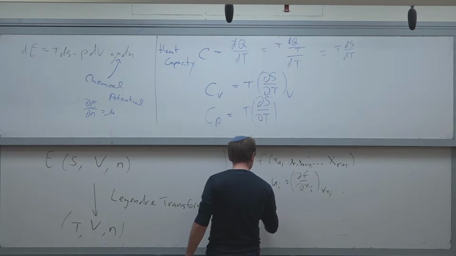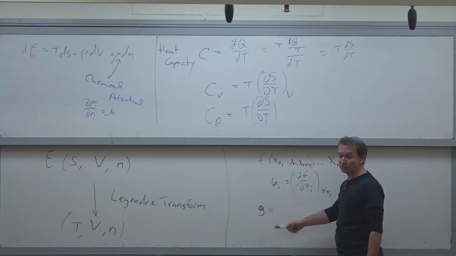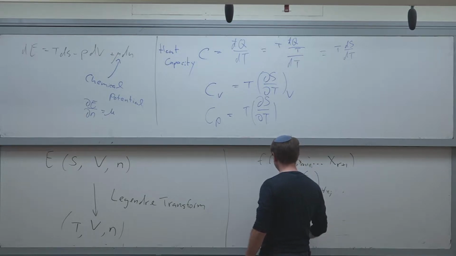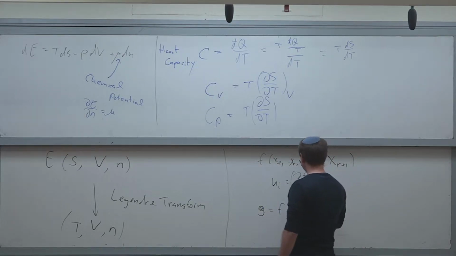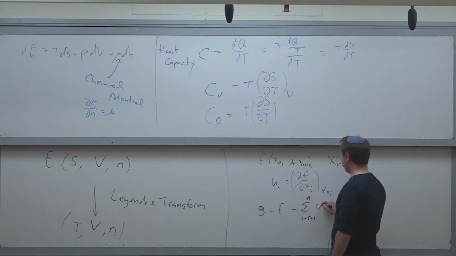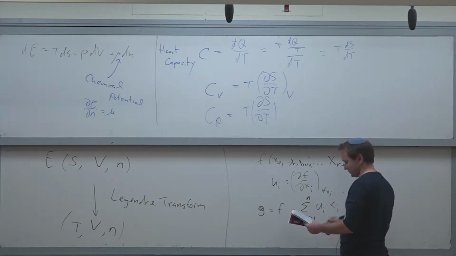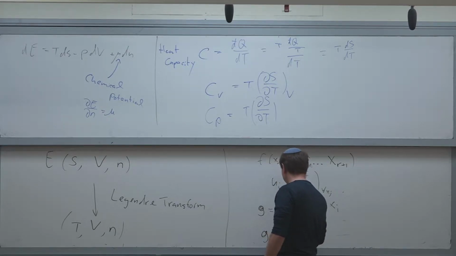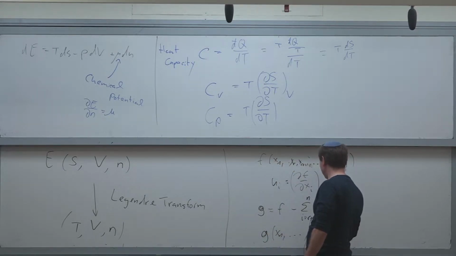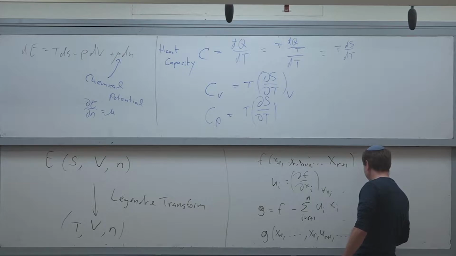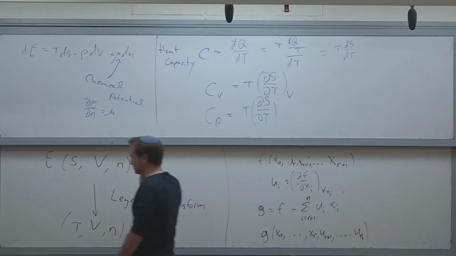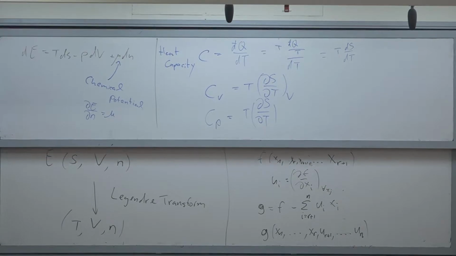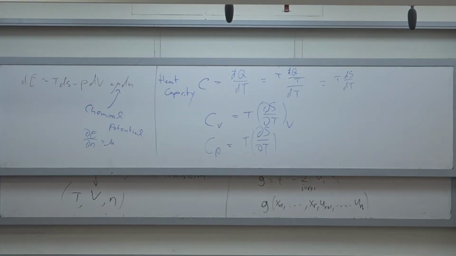This is achieved by the following transformation, which is called the Legendre transformation. G is a function of f minus the sum from i equals r+1 to n of u_i x_i. G will be a function of x1 through xr and u(r+1) through un. This is the Legendre transformation.